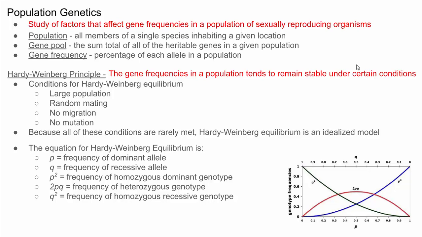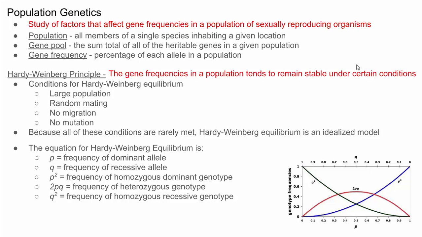There has to be random mating, no sexual selection. There has to be no migration of individuals coming into the population or leaving, because that would change gene frequencies. There has to be no mutation and no natural selection. Often that's not the case, and so Hardy-Weinberg equilibrium is an idealized model.